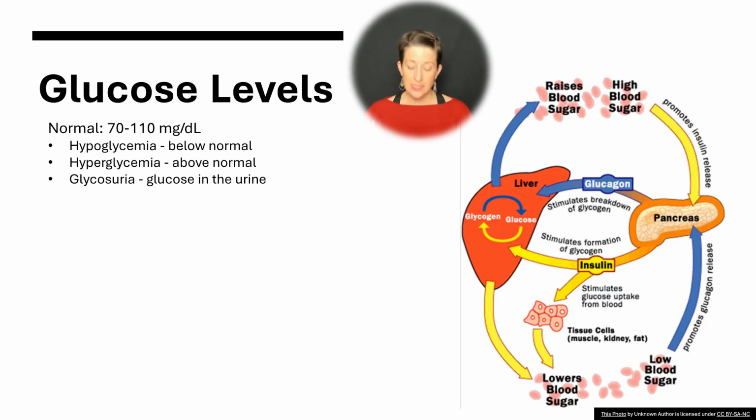What the body does to help regulate our blood glucose. The two very important organs are our pancreas and our liver. These have the central role in the regulation of blood glucose concentration.